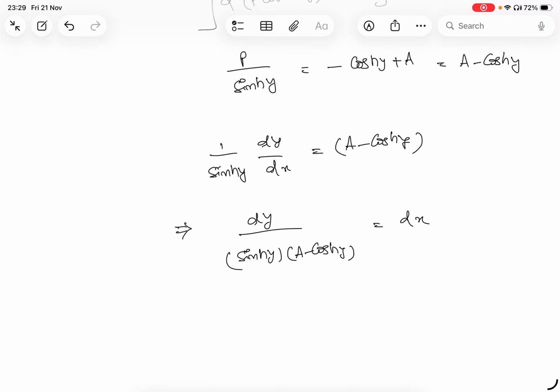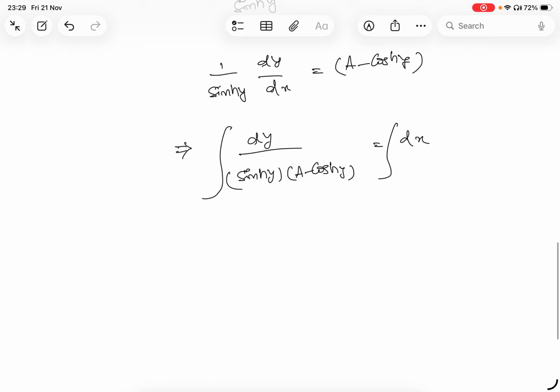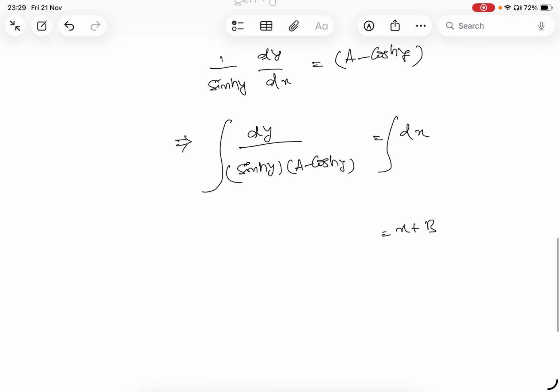Now let's try to integrate these terms. The term on the right hand side becomes x plus b, where b is the integration constant. As you can see, in the denominator there is a minus cosh y and sinh y. Let's try to bring in only one form, which is cosh y. It will be easier if sinh y turns into cosh y.